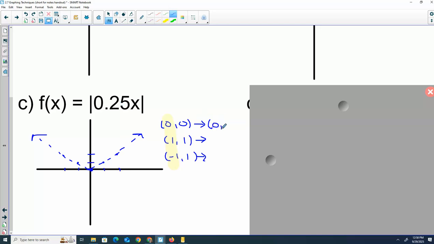So 0 divided by 0.25 is still 0. 1 divided by 0.25 is 4. Negative 1 divided by 0.25 is negative 4. 0, 0. 4, 1. Negative 4, 1.